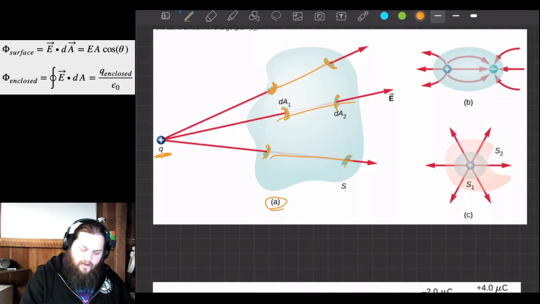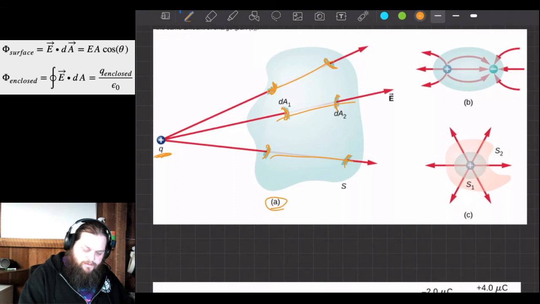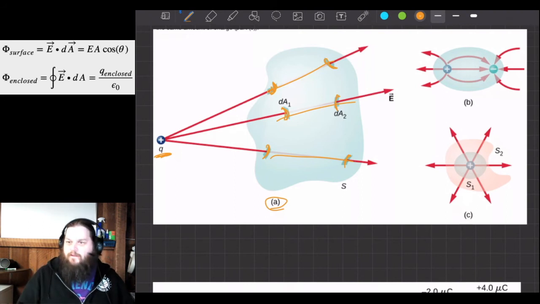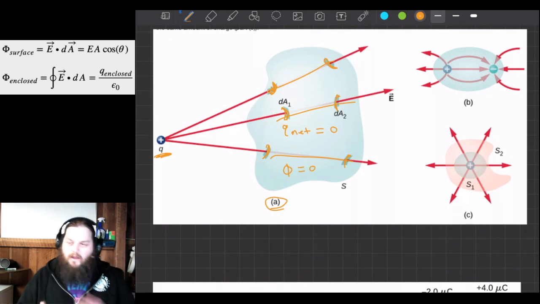So the same amount of electric field has entered as has left. The net flux on the whole thing is equal to 0. We can see that just based on the nature of flux. If we compare that to Gauss's law, the net charge inside is equal to 0, so the flux is equal to 0. So Gauss's law corresponds to what we observe based on the electric fields going through the surface.